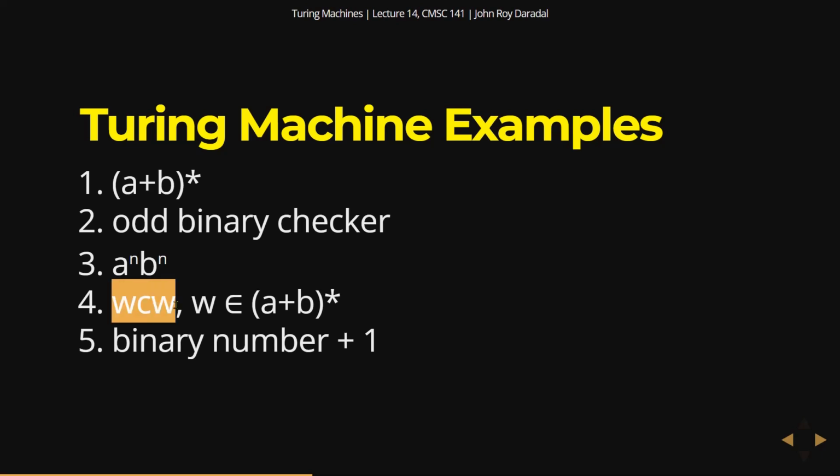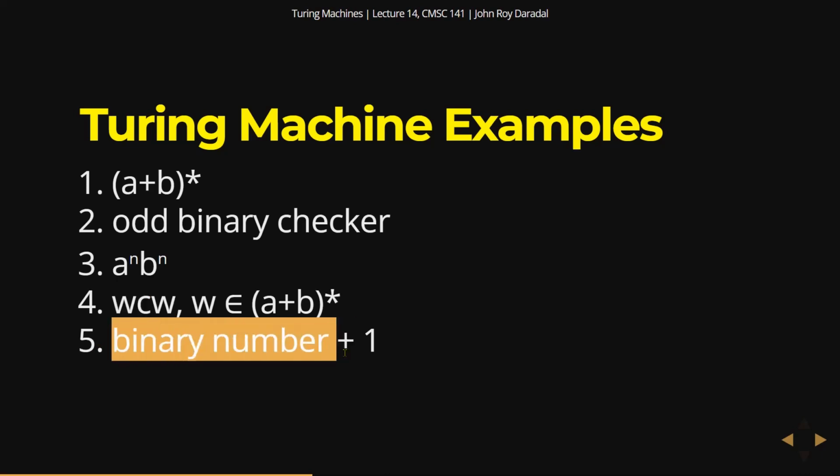Well, this one is not context free anymore. Okay, so we'll learn how to design a Turing machine for this one, and then finally, we'll also do something like a binary number plus one. So you add 1 to the current binary number that is given as an input. Okay, so we'll look at those 5 examples.